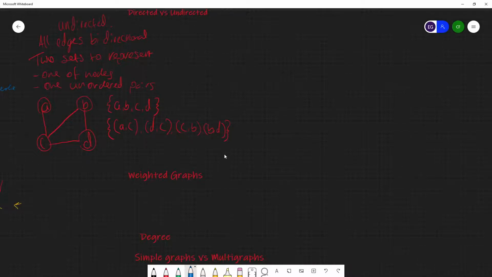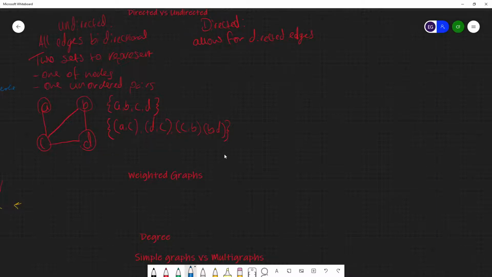And we also have directed graphs. Now, these are a little different. These allow for directed edges. And now this changes how we think about this in set theory.